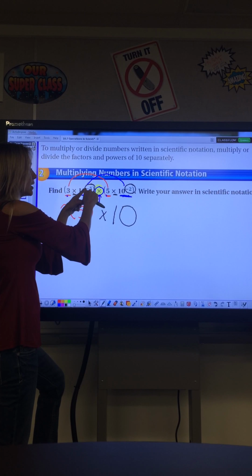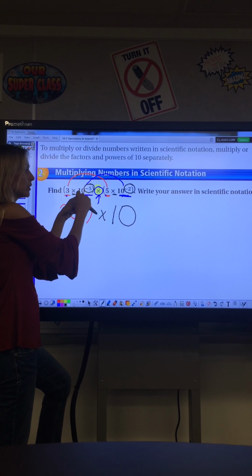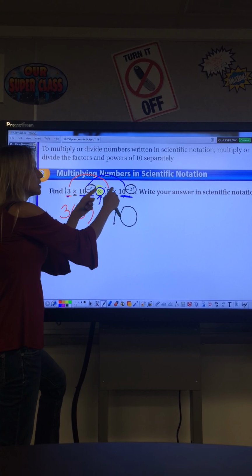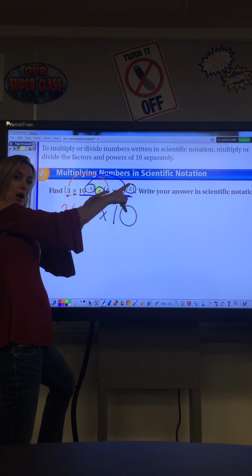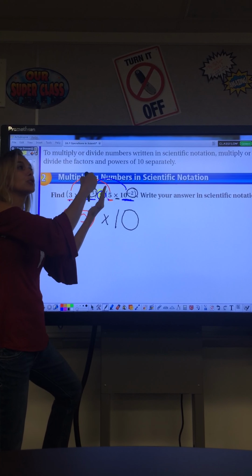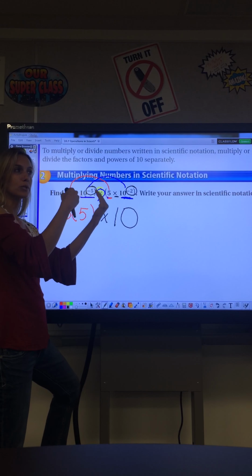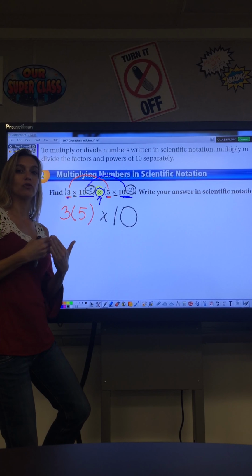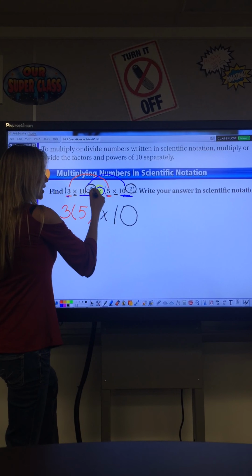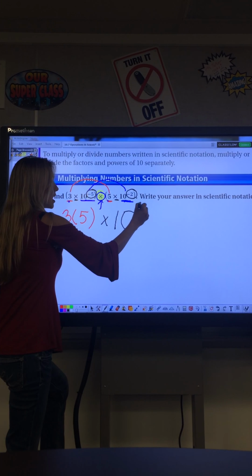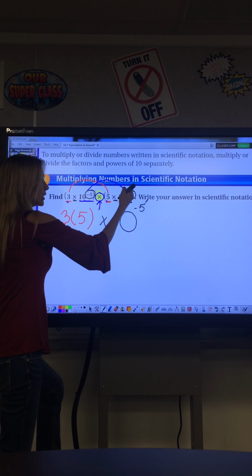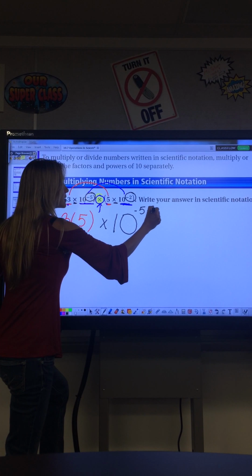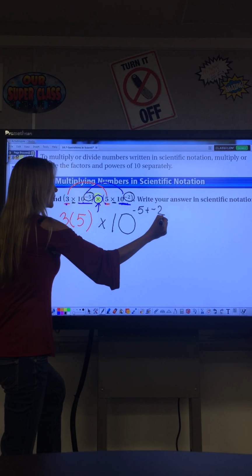I have 10 raised to the negative 5th power times 10 raised to the negative 2nd power. If you remember a couple sections ago, when we're multiplying exponents, we're really adding them. So I have negative 5, and remember we go left to right, plus negative 2.